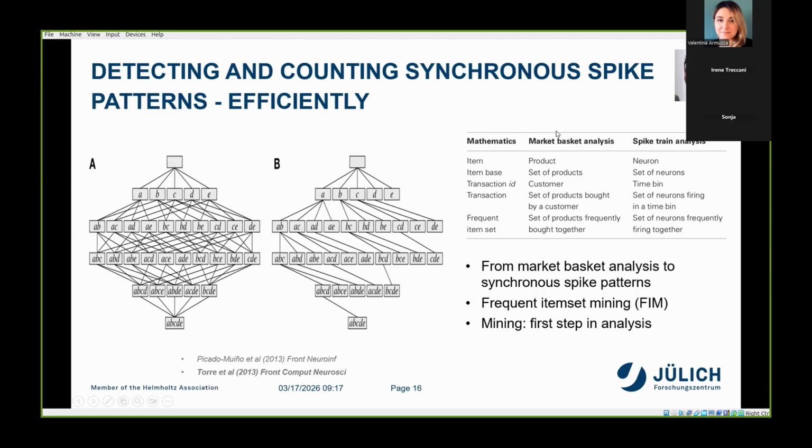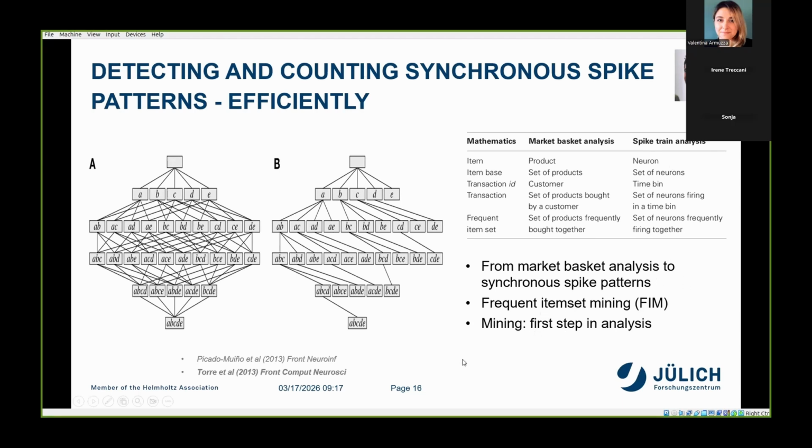People are interested in what people buy in the supermarket together. Wine and cheese, wine and bread. This kind of analysis people do with what people buy in the supermarket. And we translated this to analyze parallel spike trains.